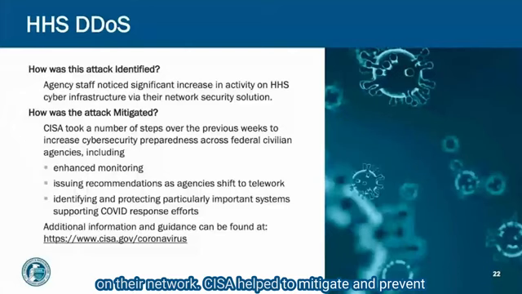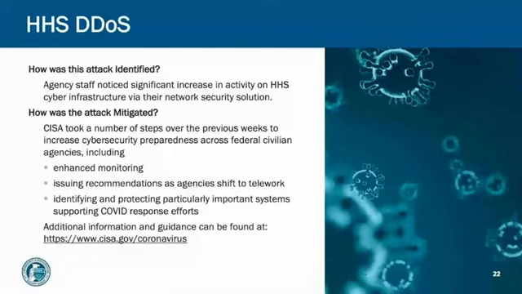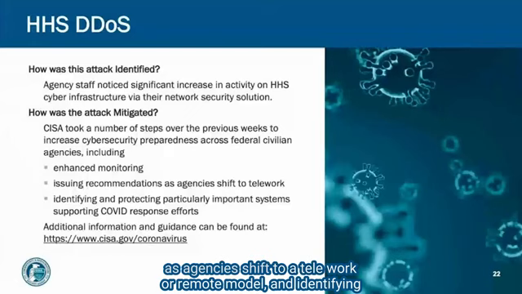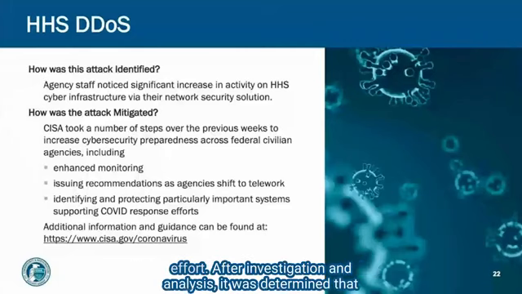CISA helped to mitigate and prevent additional similar attacks by increasing cyber preparedness across federal civilian agencies, including enhanced monitoring, issuing recommendations as agencies shift to a telework or remote model, and identifying and protecting important systems that support the COVID-19 response effort.